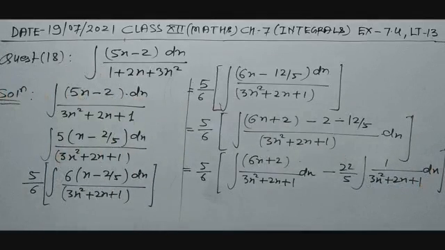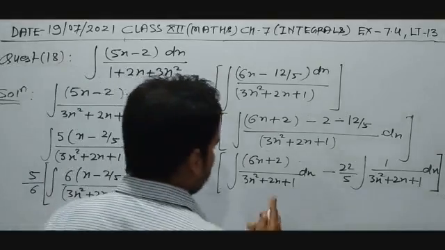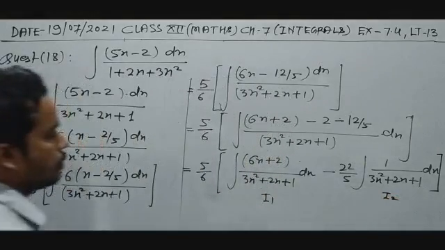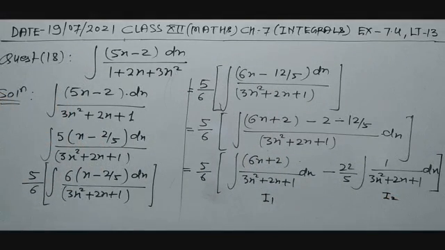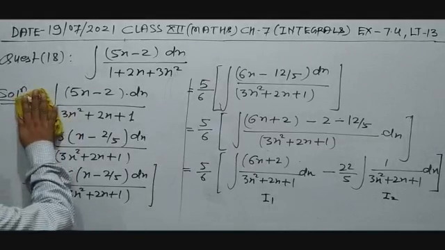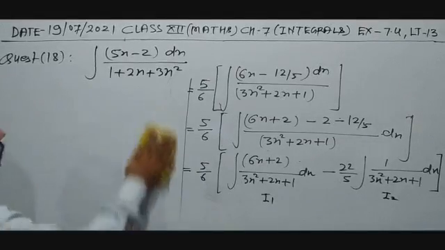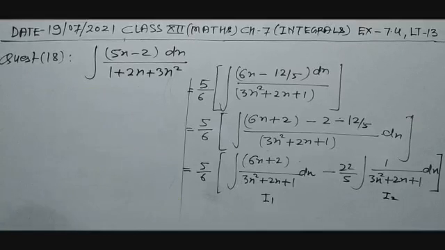So this integration has been split into integral parts. Now we have to integrate both parts. Suppose this is the first part and this is the second part, so I1 and I2 are here. Now first of all calculate I1. How will you calculate I1? See, I1 is the integration, calculation for I1.